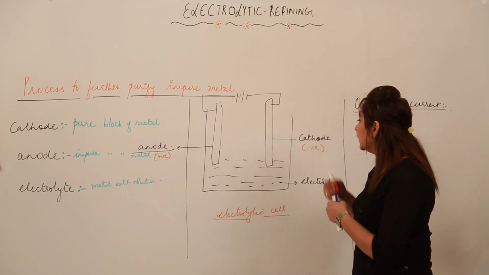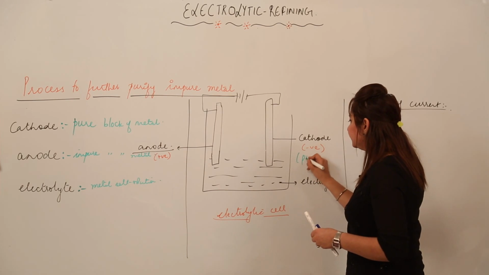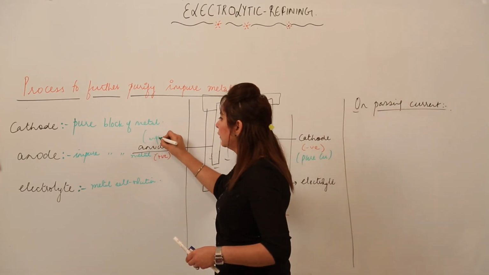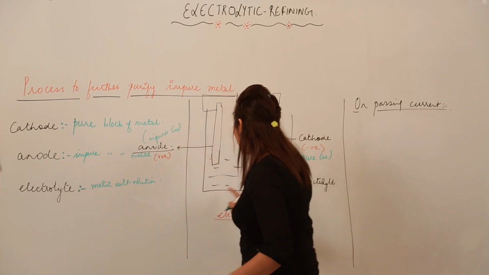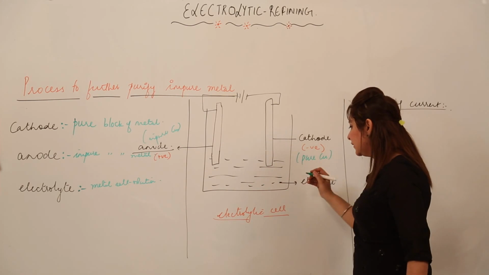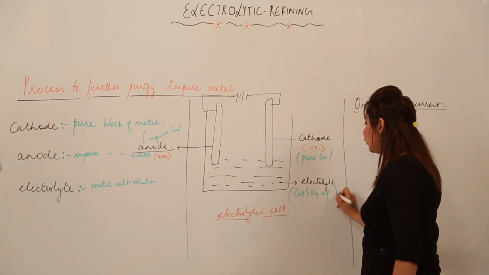So the cathode is made up of pure copper, the anode is made up of impure copper, and we take a metal salt solution, for example aqueous CuSO4.